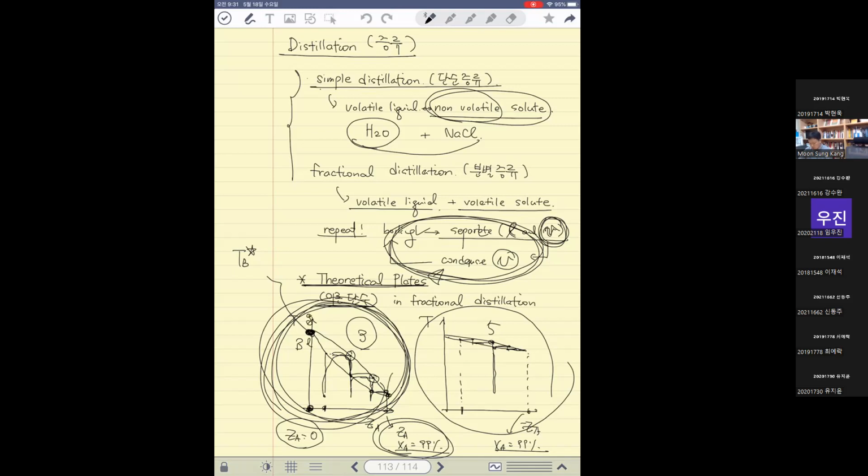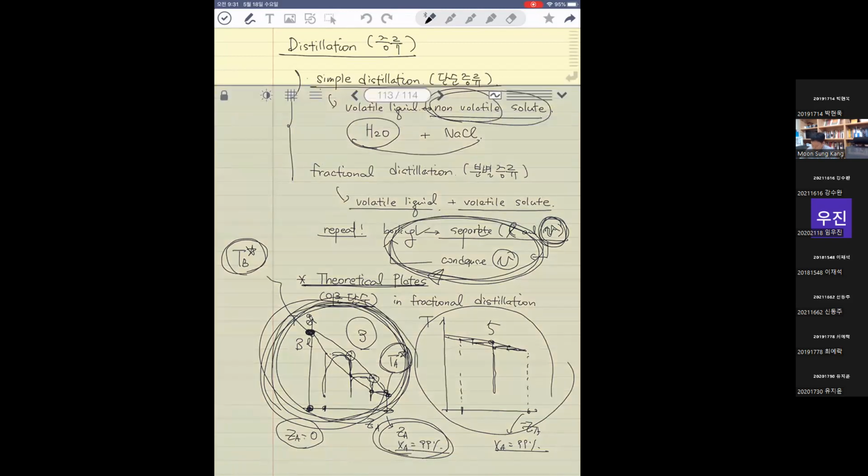Here's the boiling point of A. So if TA star and TB star are different by a lot, then the theoretical plates you estimate based on the phase diagram is likely to be a smaller number.